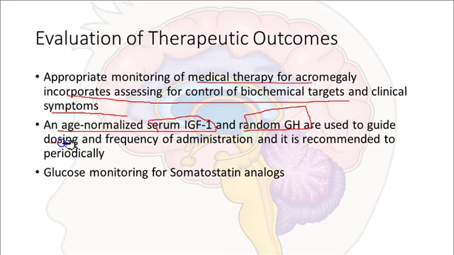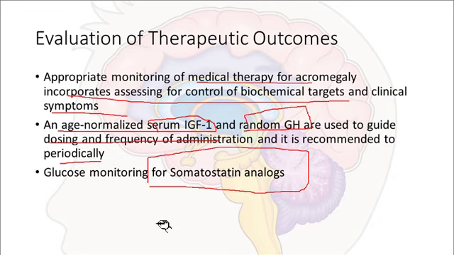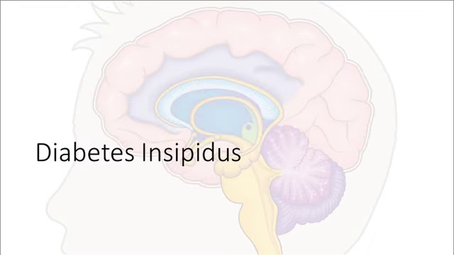Those will be used to guide dosing and frequency of administration, and it is recommended to do this periodically. Glucose monitoring is very important for somatostatin analogs, because while they might improve glucose concentration in some patients, especially in women, you may have worsening of glucose tolerance, so you must take this into account.